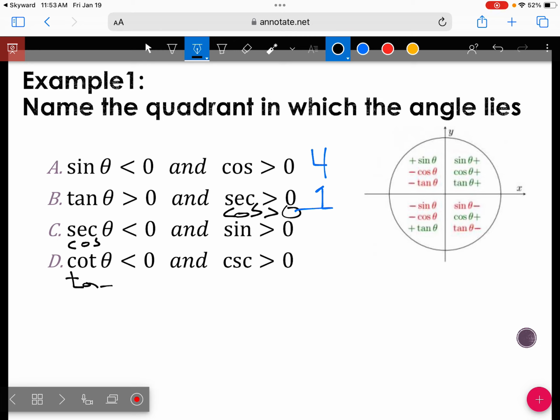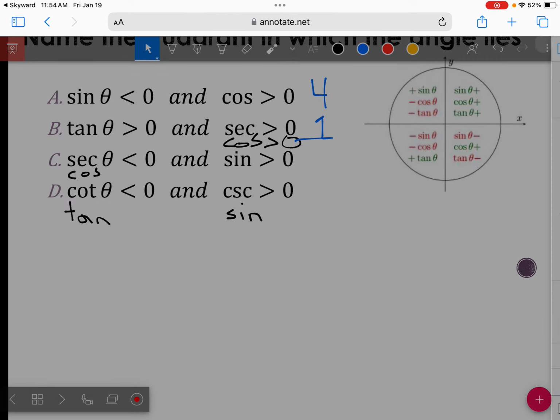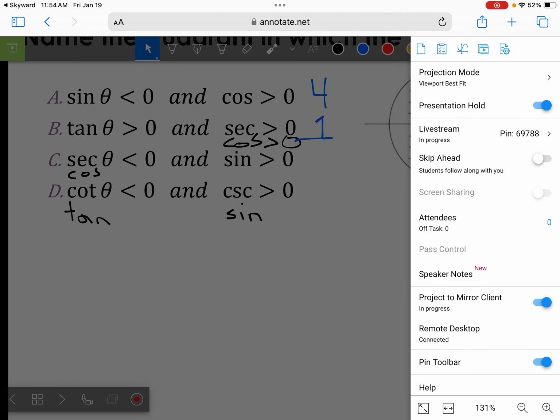You said it's in quadrant two. Hold on, let me get D first. Cot is cosine over sine, right? Yep. So for D, for cotangent, you're looking where that one is less than 0.